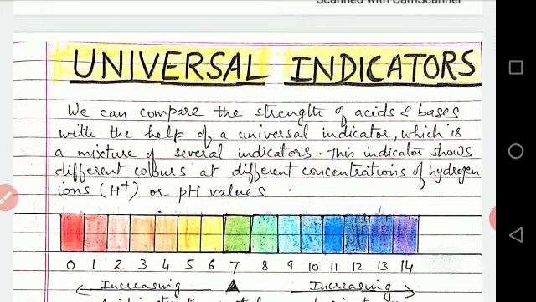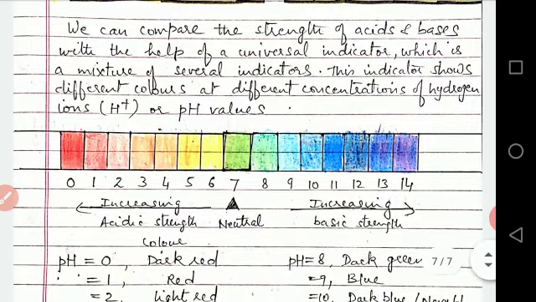Next is universal indicator. We can compare the strength of acids and bases with the help of universal indicator, which is a mixture of several indicators. This indicator shows different colors at different concentrations of hydrogen ions or pH values. Here a strip of different colors is given, showing different pH.